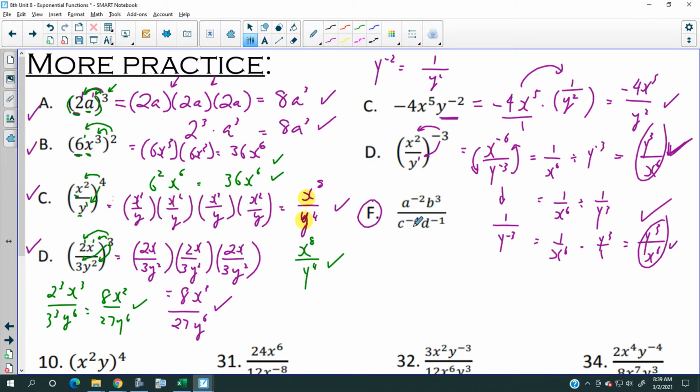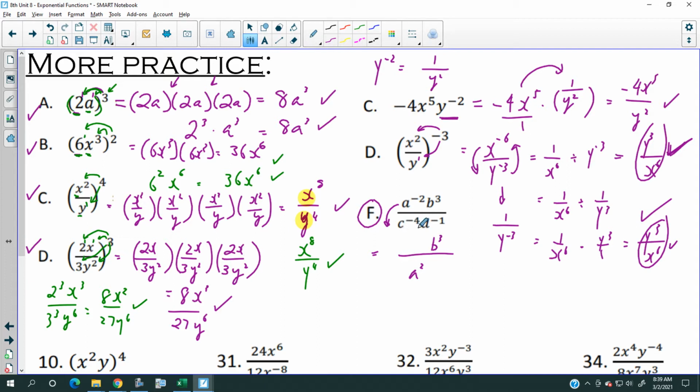Okay, and we're back. So now I'm just going to use the shortcut. This is a game of who to flip and who not to. Look, a to the -2nd power, so that goes to the bottom. So the only one that stays at the top is b to the 3rd. A goes to the bottom, so that's a squared now instead of a to the -2nd power.